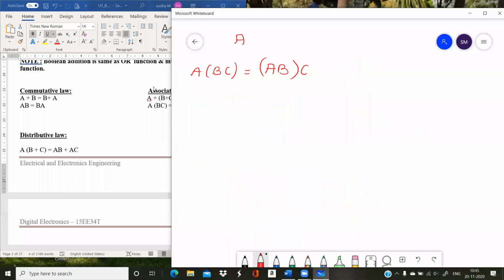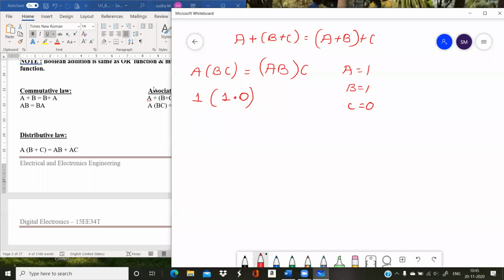For the addition, we have written it as A plus (B plus C) is equal to (A plus B) plus C. For the multiplication, A into (BC) is equal to (AB) into C. Let us take some value for this. 1 into (1 dot 0), okay, any value. We are considering A is equal to 1, B is equal to 1, and C is equal to 0. So substitute these values here.